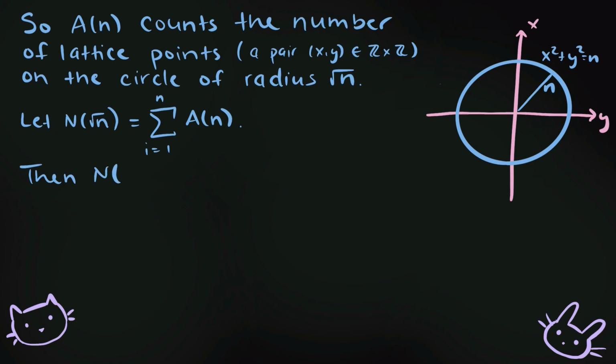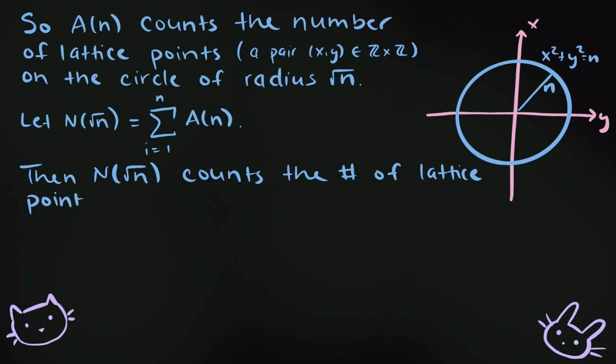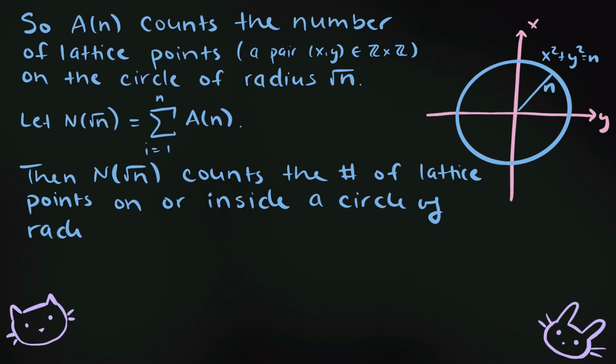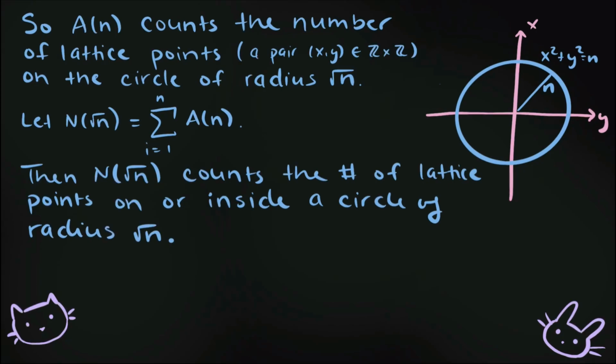What big N is counting is the number of lattice points on or inside a circle of radius square root of n, right? Because the biggest circle here has radius square root of n, and then a_i, for i less than n, is counting the points on some circle with radius less than square root of n. So this is what this function does.